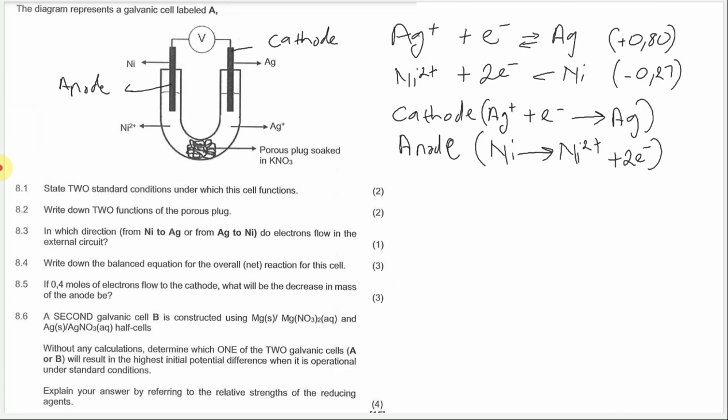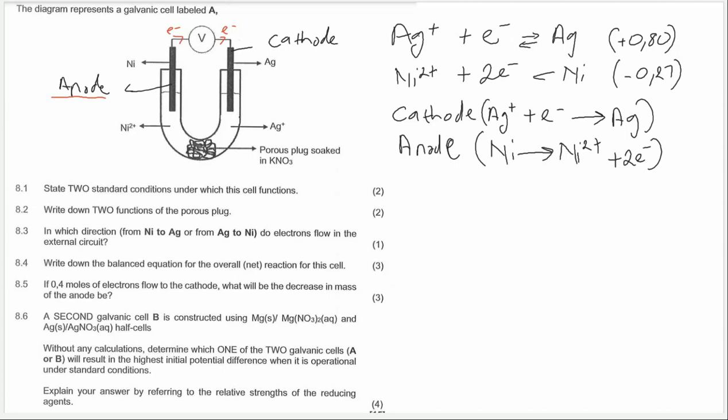How are the electrons moving in this cell? Since at the anode we lose electrons, the electrons will move in this direction, e-, e-, from the nickel electrode to the silver electrode. You can be asked something like that, so it's best to get all this information before you start answering questions.